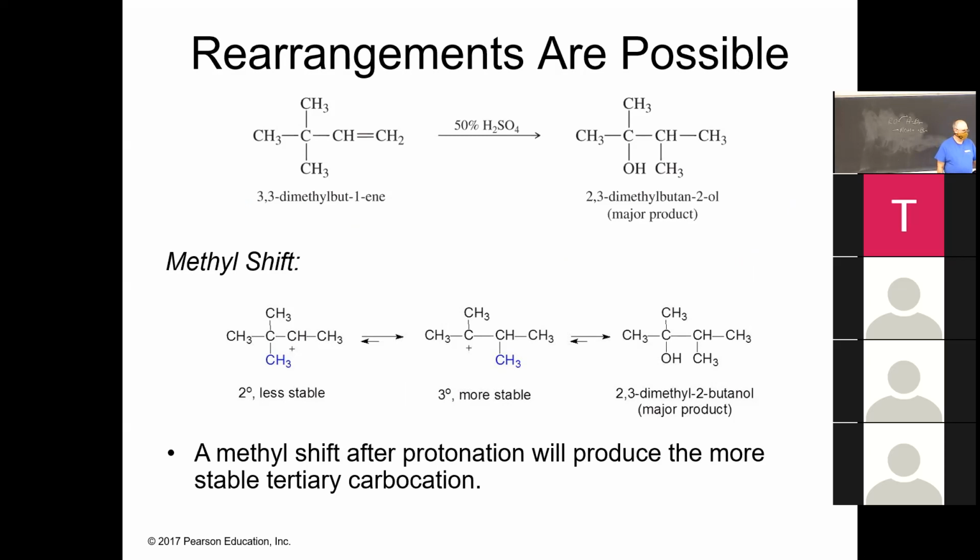I'm going to go ahead and show this again. Just like with HBr and HI and HCl, hydration can produce rearrangements because it does go through a carbocation. For example, starting with 3,3-dimethylbutene, this is the actual product we get.